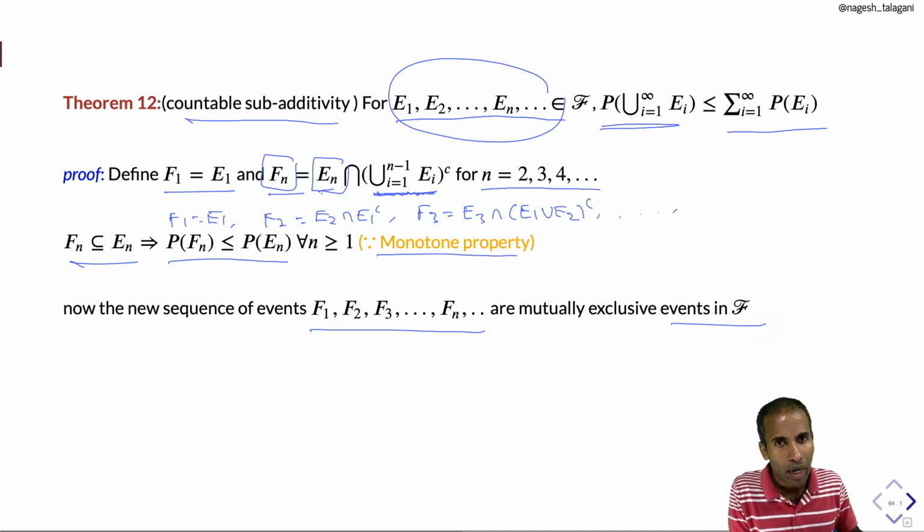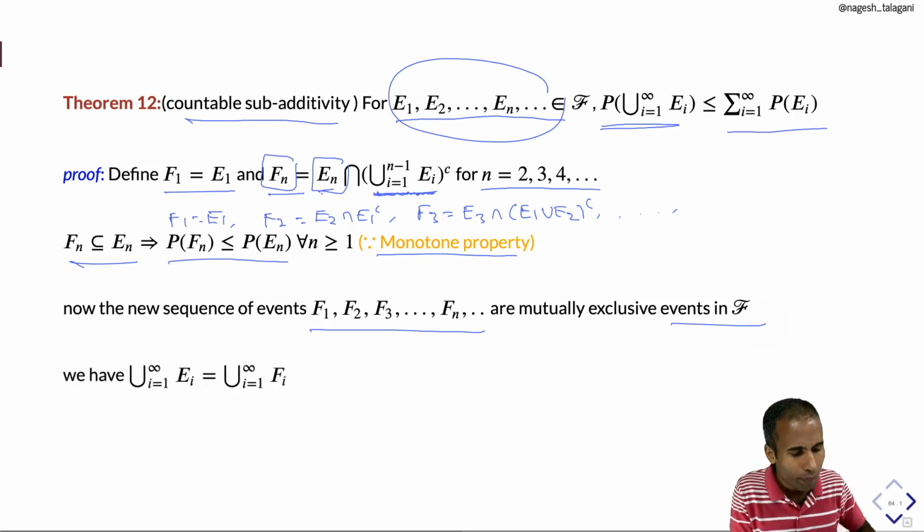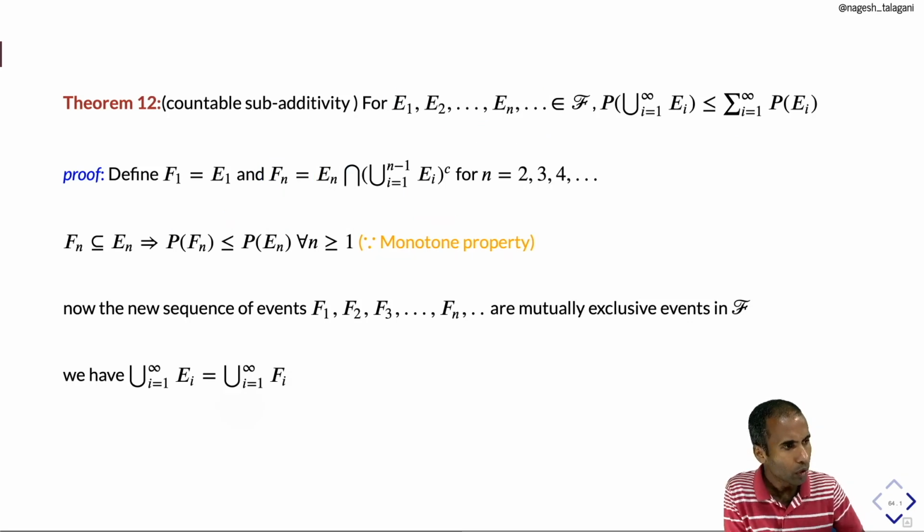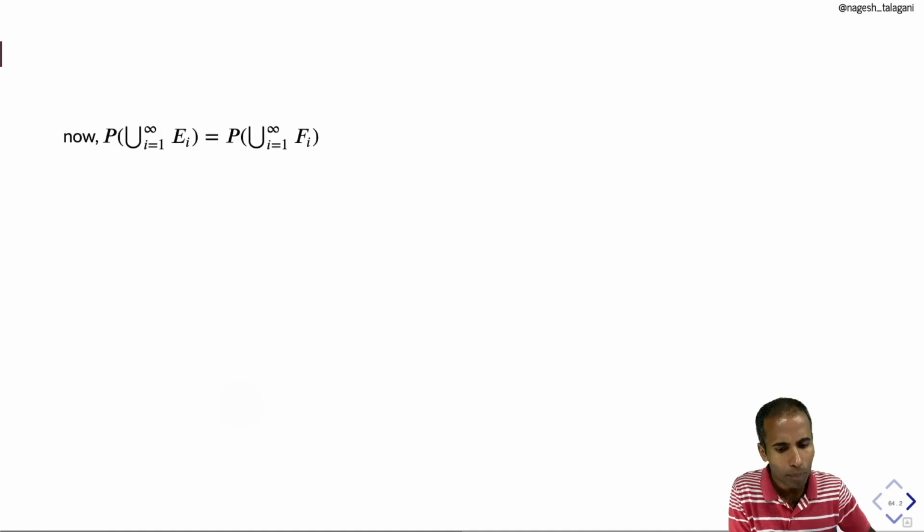Okay, and they're still going to cover exactly what the Eis cover. So if you take the union of Ei from i equal to 1 to infinity, that would be exactly the same as the union of Fi from i equal to 1 to infinity. Okay, so if you take the probability on both sides, the probability of the union i equal to 1 to infinity Ei is the same as the probability of the union i equal to 1 to infinity Fi.